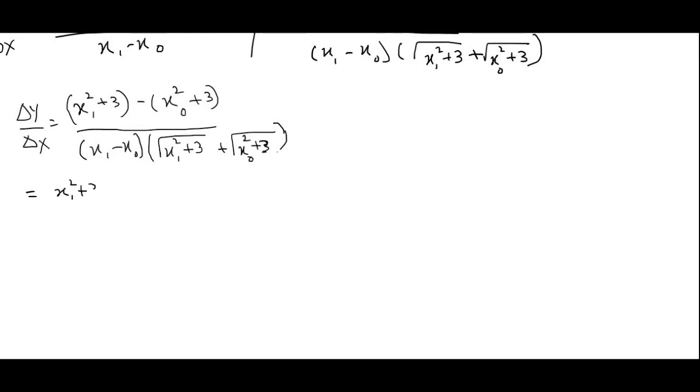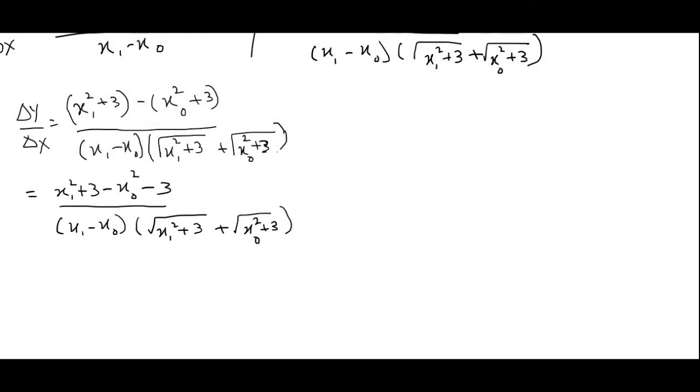X1 square plus 3 minus x naught square minus 3 whole divided by x1 minus x naught into under root x1 square plus 3 plus under root x naught square plus 3.